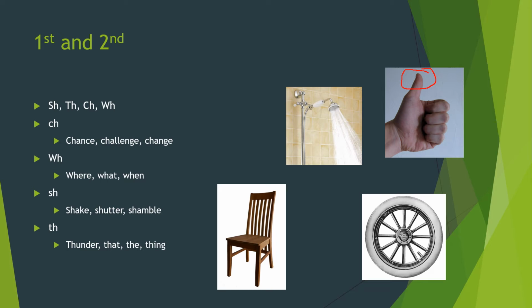Chair. What does chair start with? So we've got chair right here. Wheel right there. So it's WH. Chair, CH. Shower, SH. Thumb, TH.